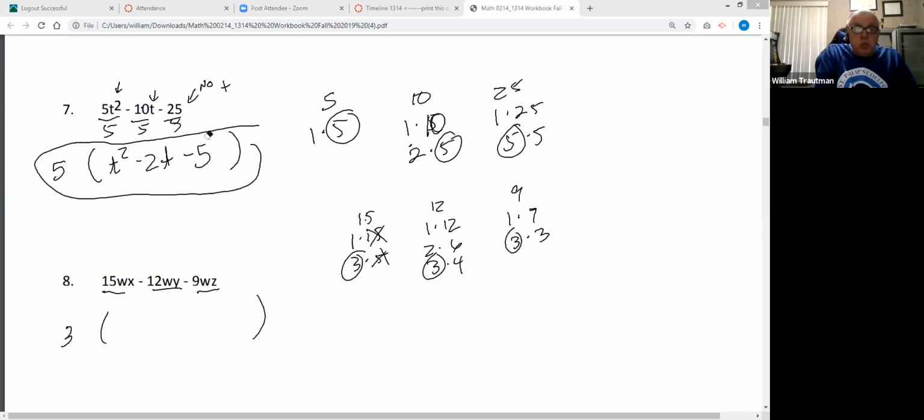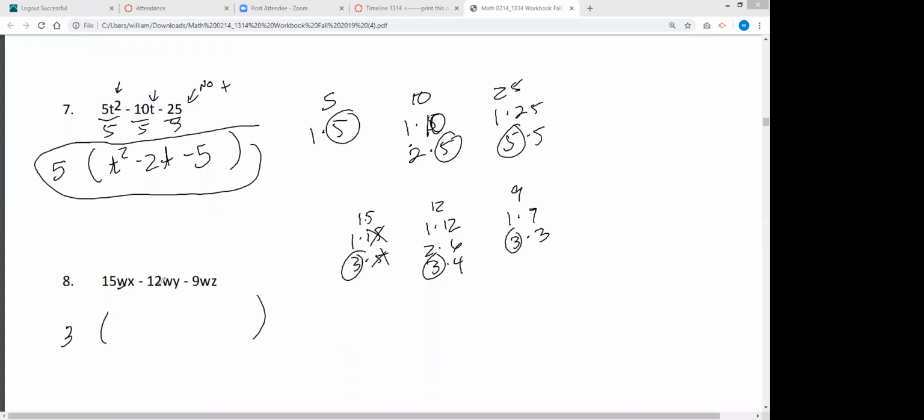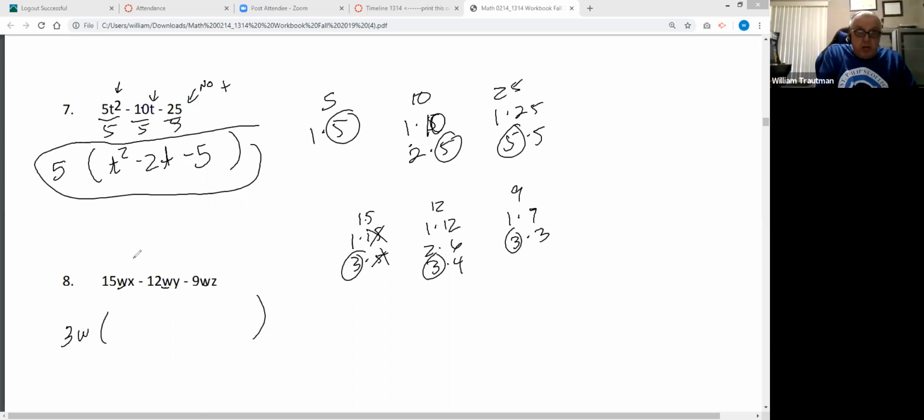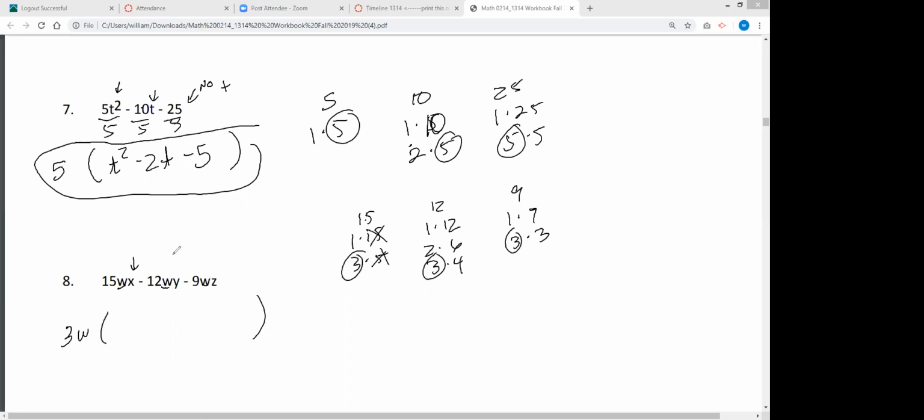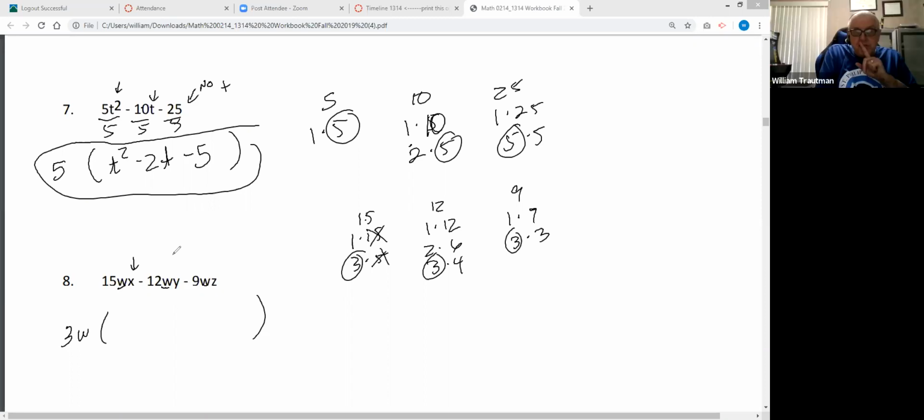What is the lowest power W? Just W. What is the lowest power X? Just the X. No, it's not X. Is there an X over here?